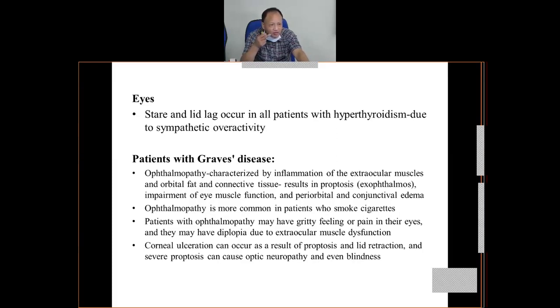When you recollect keratitis, the pain, gritty sensation, and redness are the signs usually due to keratitis. However, in Graves' disease, it is due to exposure keratitis. That means the eyes are not closing, so because of exposure there will be dryness and inflammation. However, in severe cases, corneal ulcerations can also occur.